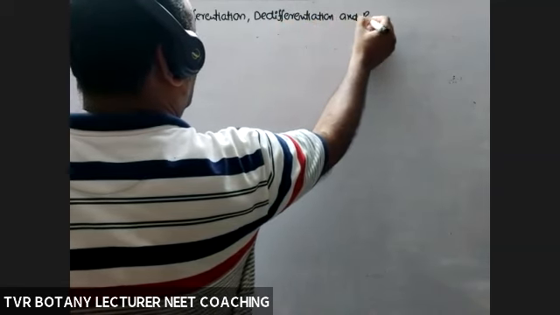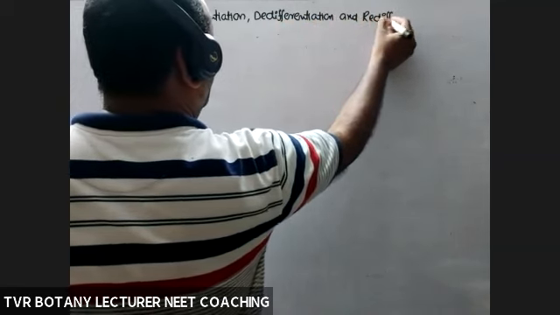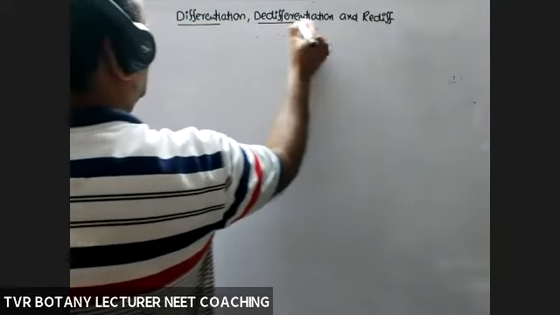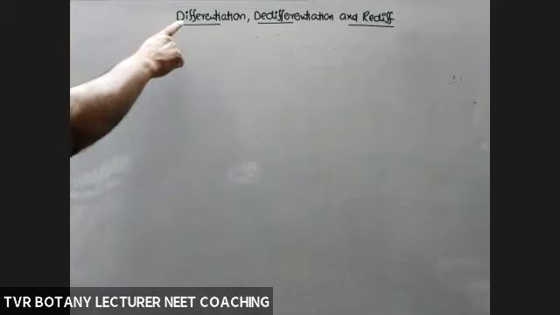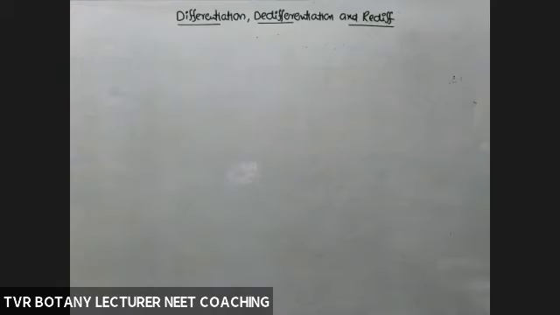So how to understand these statements? Take one flow chart. With the help of the flow chart, you can understand. Otherwise, you have to learn by heart. If you are able to link secondary growth with plant growth and development, you can understand the given heading: differentiation, dedifferentiation, redifferentiation.